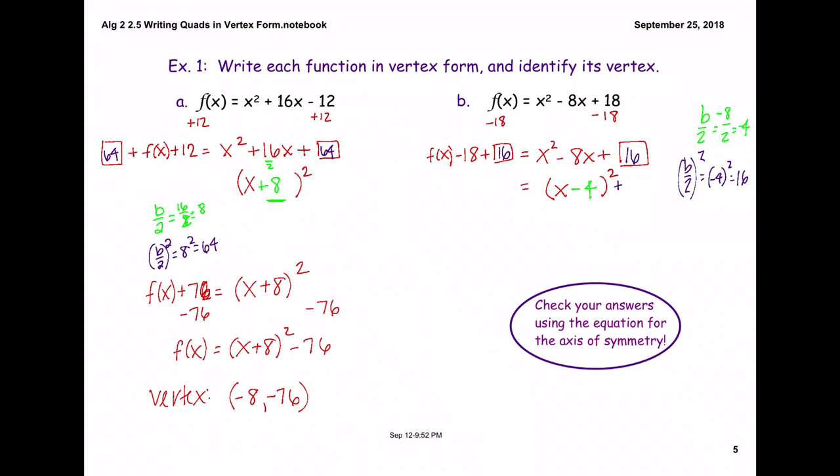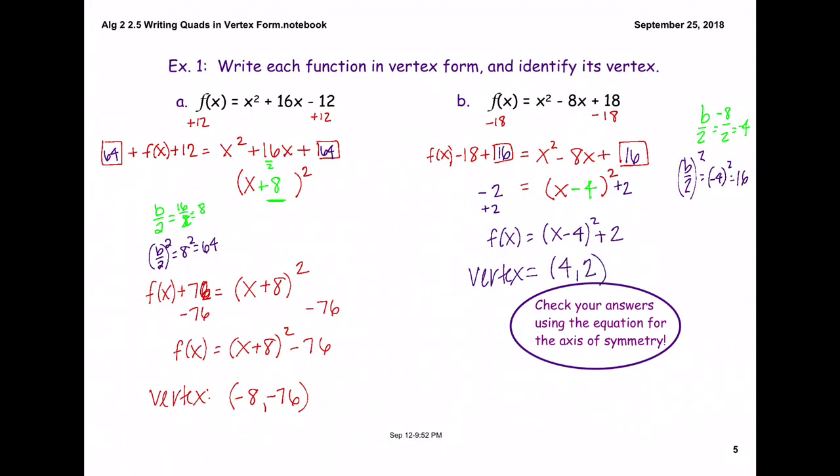Negative 18 plus 16 gives us a negative 2. The inverse of negative 2 is plus 2. So we get f of x is equal to x minus 4 squared plus 2. Our vertex of this quadratic function is at positive 4, positive 2.